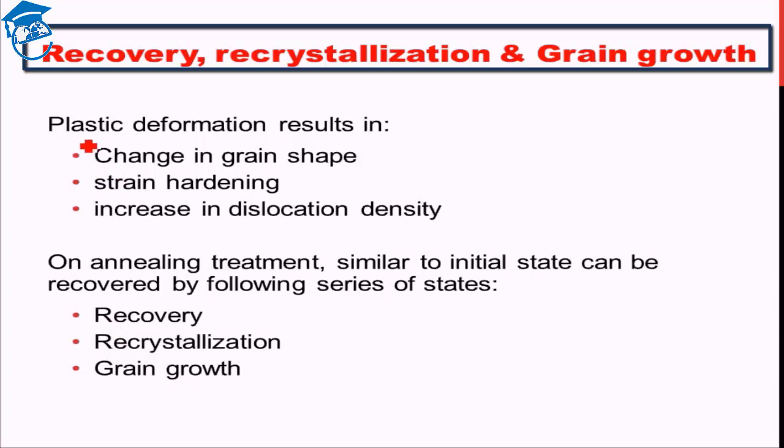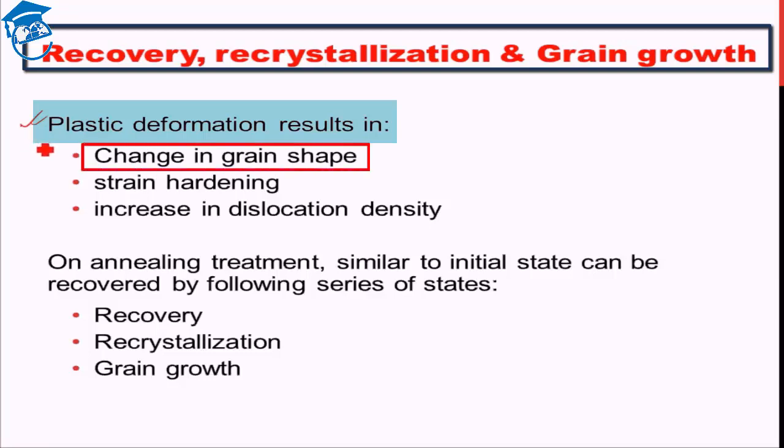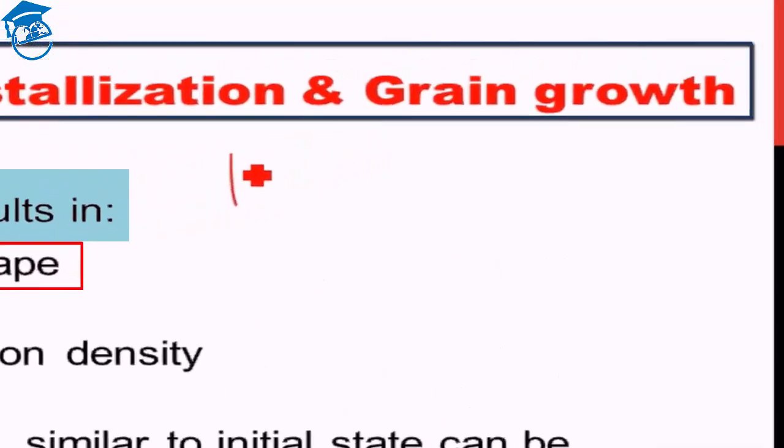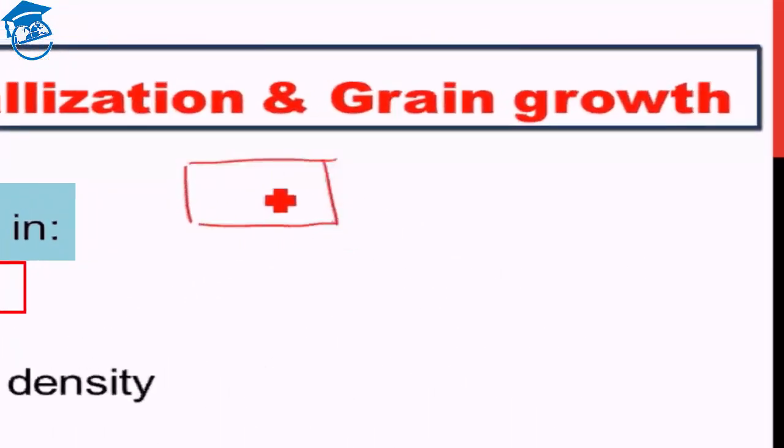What happens during plastic deformation? Let us see what exactly is happening during plastic deformation. When you plastically deform a material, several kinds of changes are taking place in the material. First, there is a change in shape of the grains. Normally speaking, grains are equiaxed, so they are more or less circular in shape.